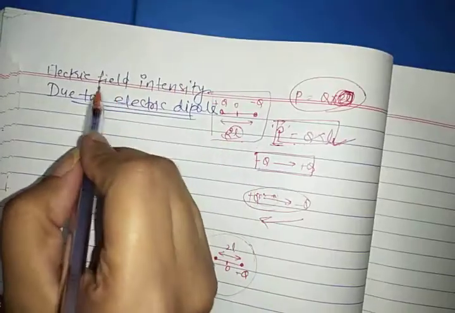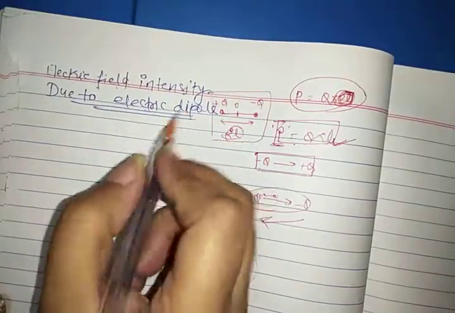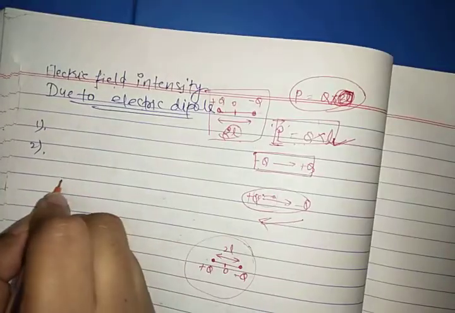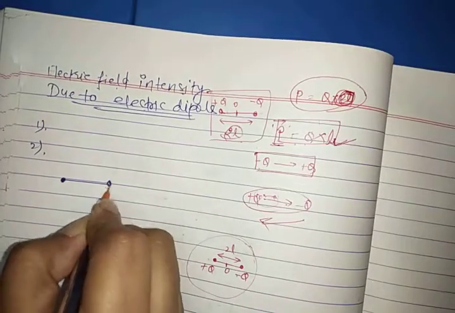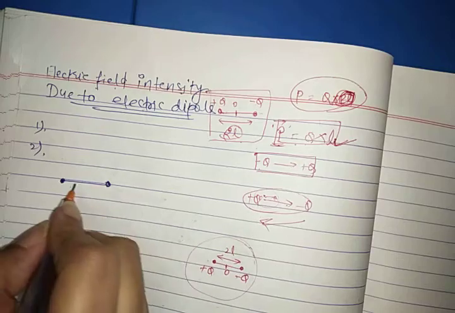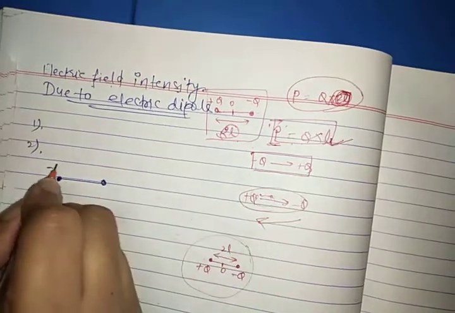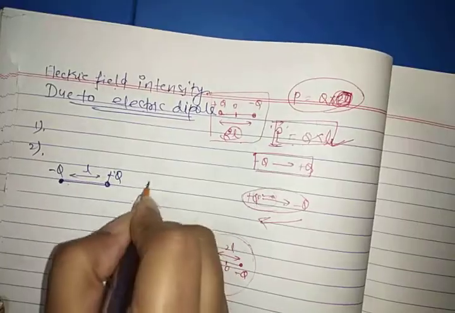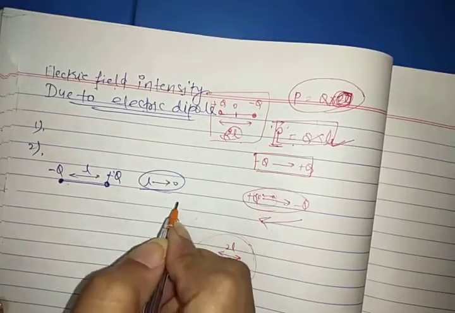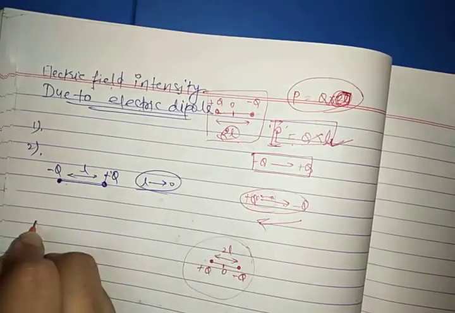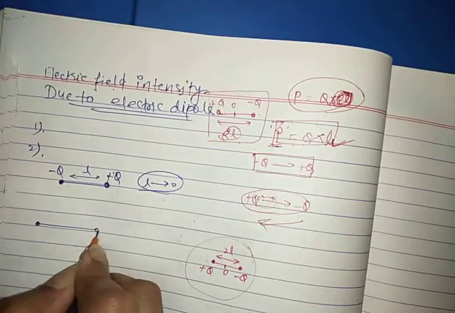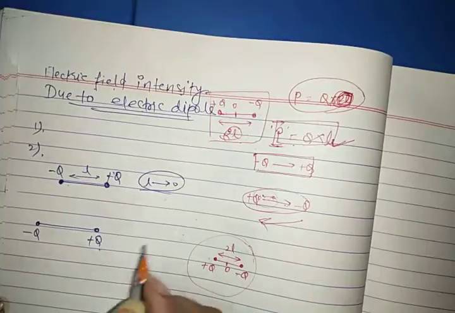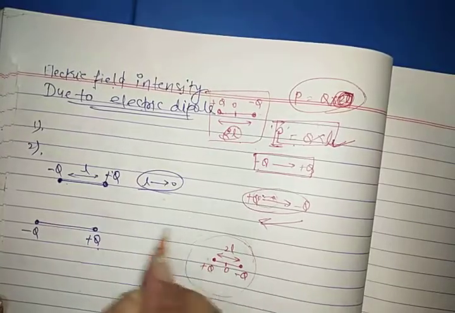To derive the electric field intensity due to an electric dipole, let's see two arrangements. First of all, draw the electric dipole arrangement. We know that the distance between these two charges is very small, L tends to 0. Now to determine the electric field intensity due to this electric dipole, we can take 2 points.